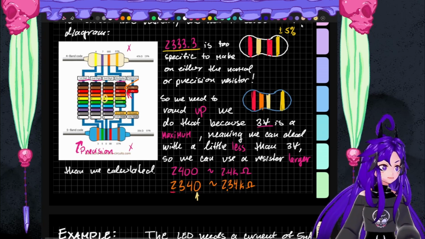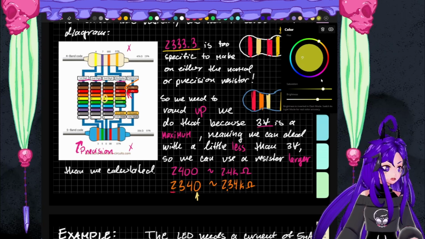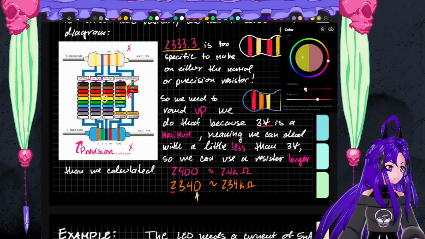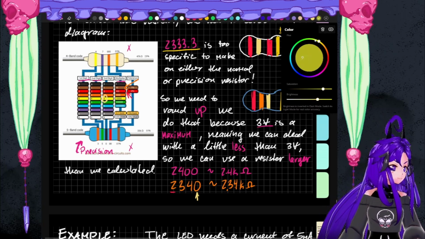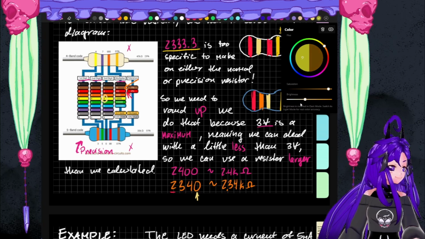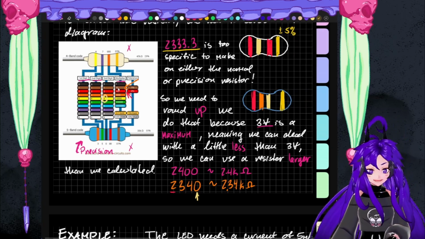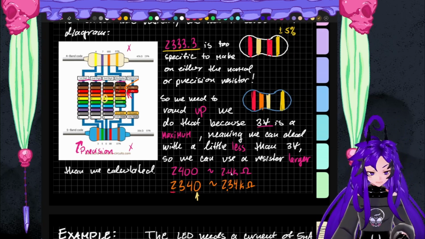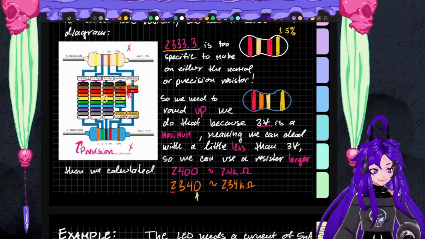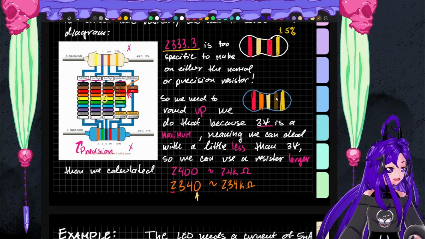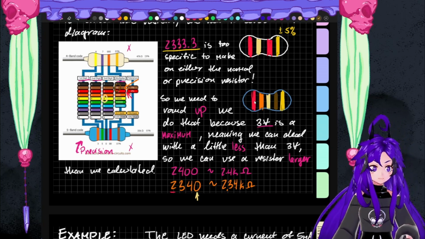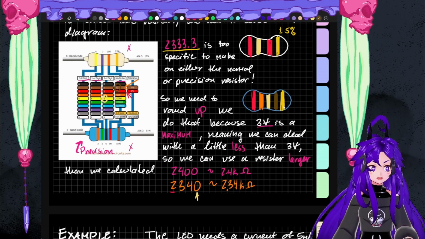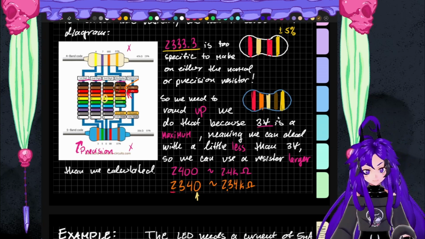So we need brown. We need a real, honest to goodness brown. How are we going to get that? There we go. Now we need brown, because we only need 1 zero, in the ones digit. There we go. So you're going to pick a red, orange, yellow, brown, gold for the precision resistor, okay?